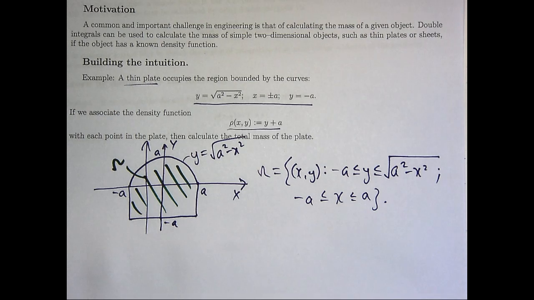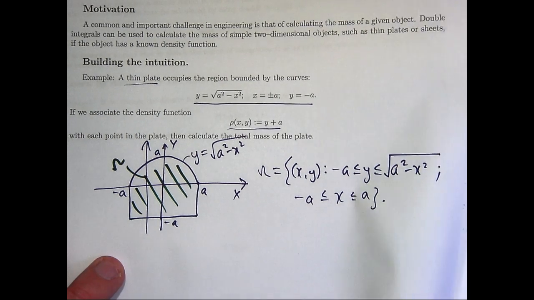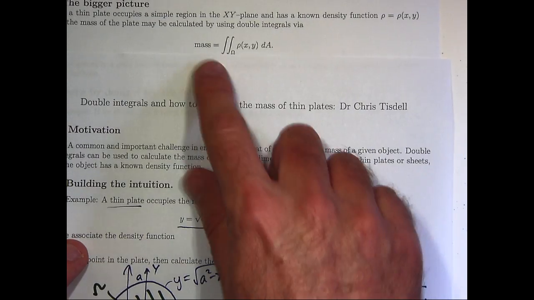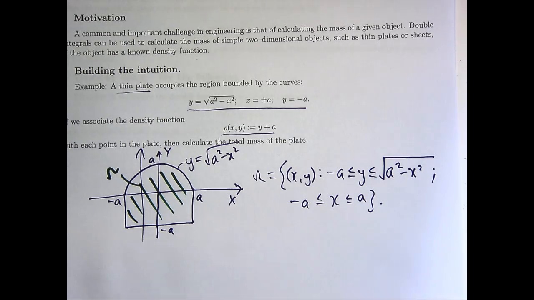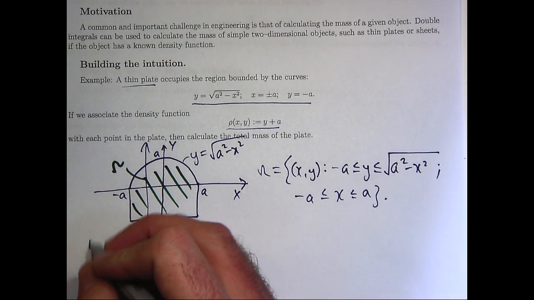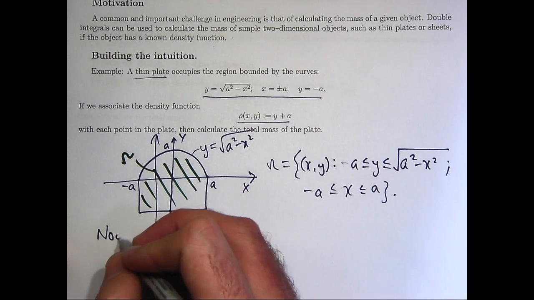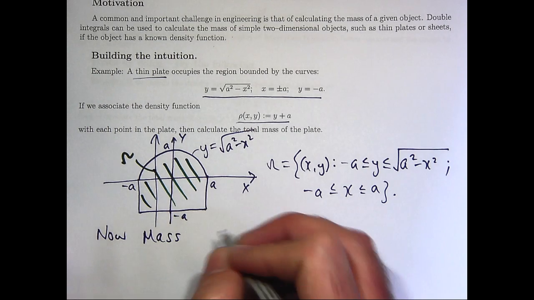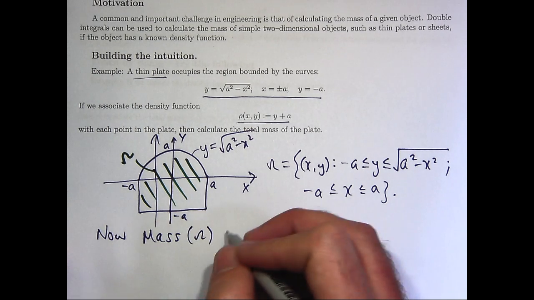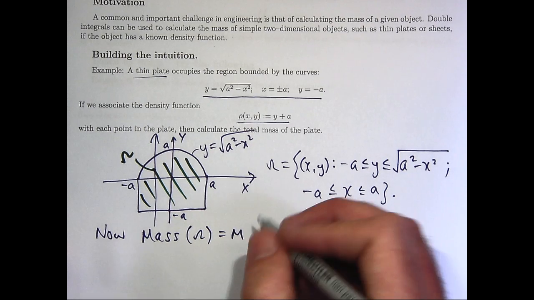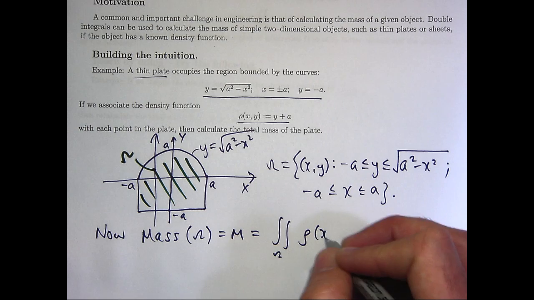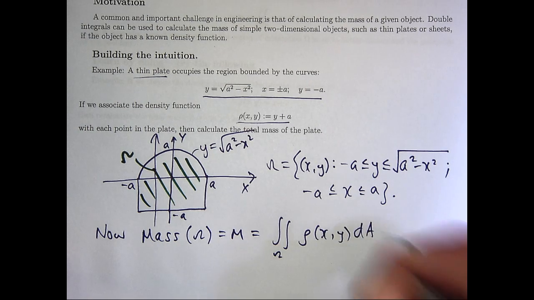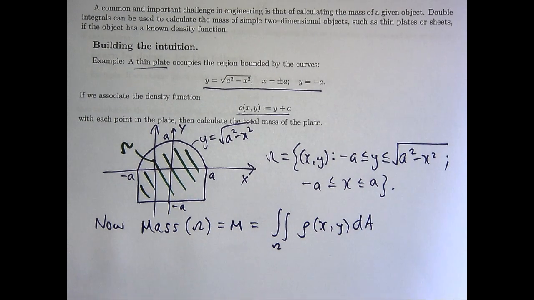Okay, so let's use our formula up here to calculate the total mass of our plate. So the mass of omega, let's just write that as m, is just this double integral.